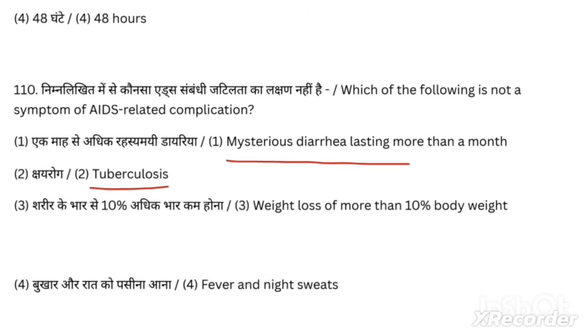TB is a secondary infection, and weight loss of more than 10% is also a symptom of AIDS. And fever and night sweats are also symptoms of AIDS. So the correct answer is TB. Hence it is not a symptom but an associated disease with AIDS. So the correct answer is TB.